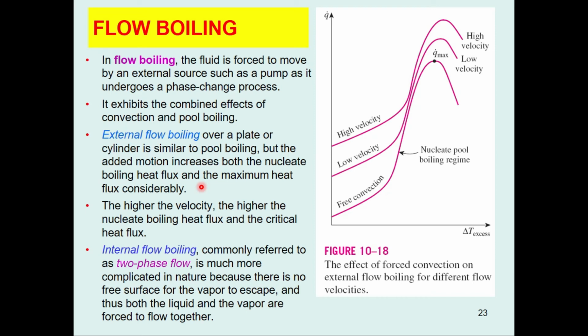We have already studied pool boiling, right? In pool boiling the boiling curve is almost similar, but if we add some external motion, such as an external force, the nucleate boiling heat flux and the maximum heat flux both will increase considerably compared to simple nucleate boiling. So the higher the velocity, the higher the nucleate boiling heat flux and the critical heat flux.